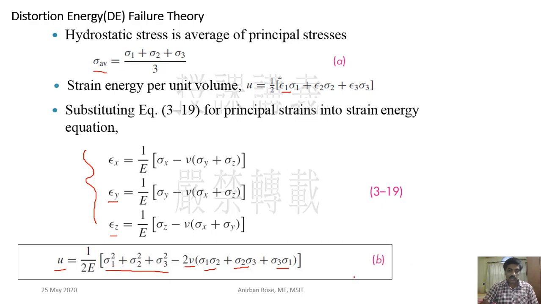So we are in a position to calculate the total strain energy. Okay, so now let us try to find out the volumetric strain energy, that means because of the hydrostatic component, what is the amount of strain energy stored within the material.